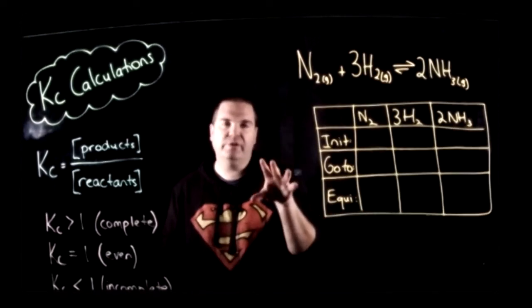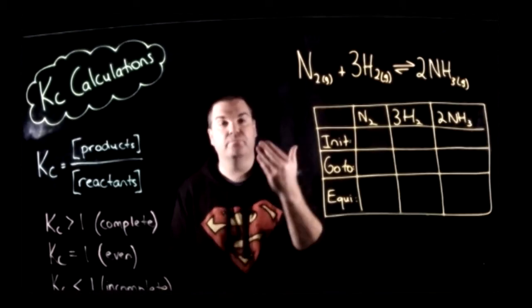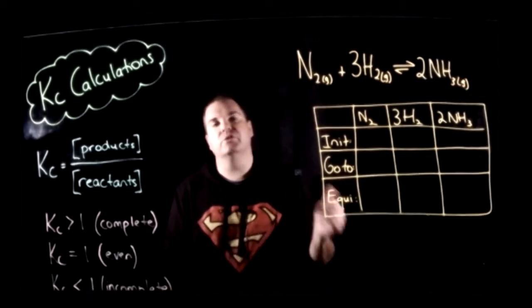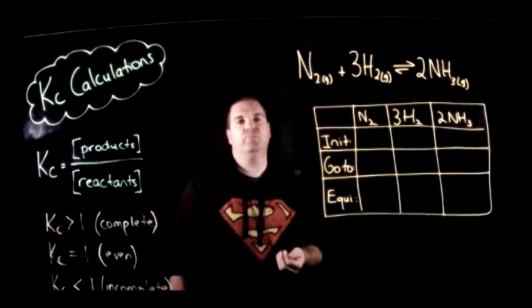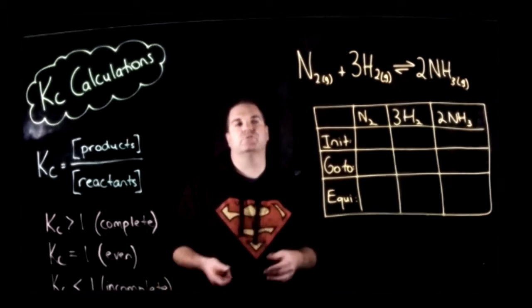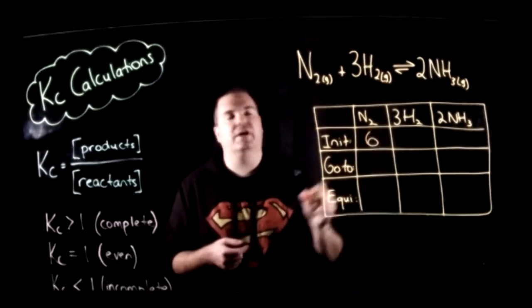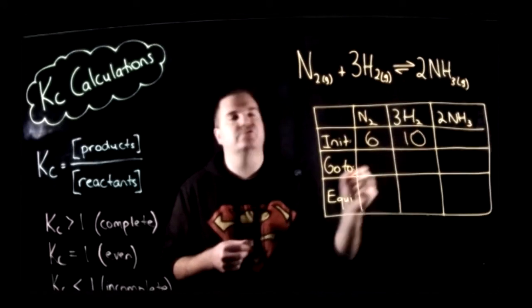Your question will either tell you the number of moles in a certain size container, or it will tell you the concentration. For this first question, it's just telling us the concentration. It says that initially we had 6 moles of nitrogen gas, which we reacted with 10 moles of hydrogen gas.